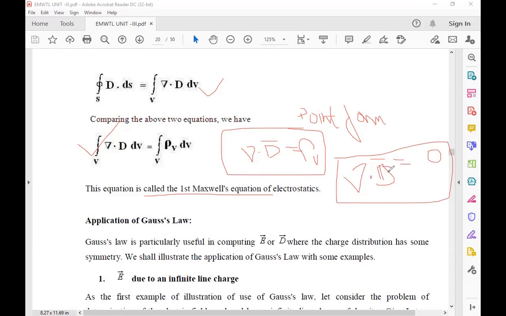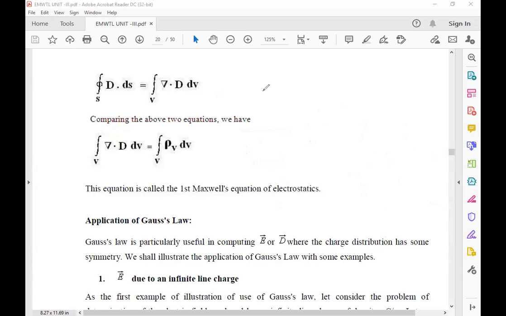B is magnetic flux density, D is electric flux density. For electric flux density, del dot D bar is equal to rho v. For magnetic flux density, del dot B bar is equal to 0. This is the Gauss law for magnetic field, and that is the Gauss law for the electric field.